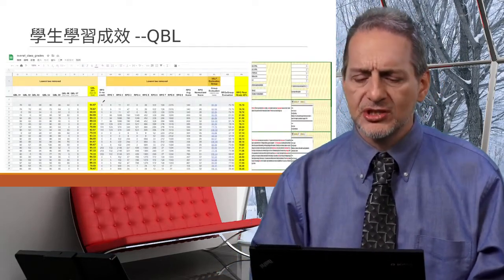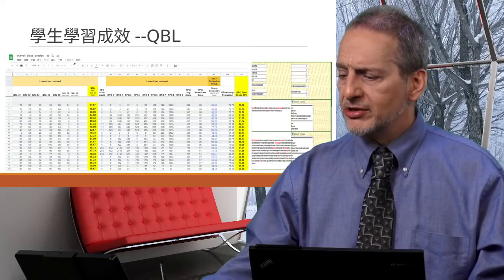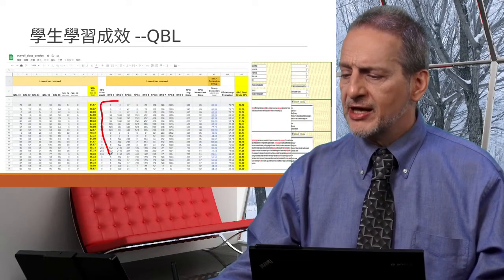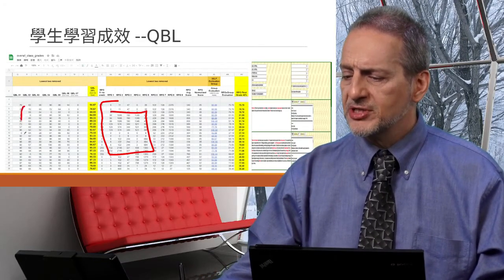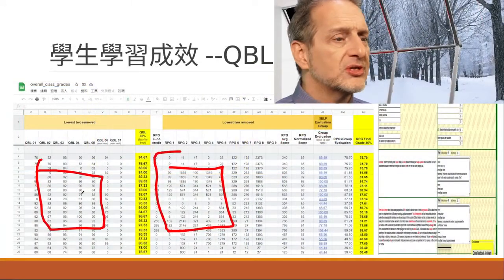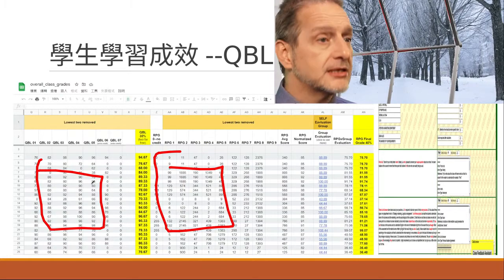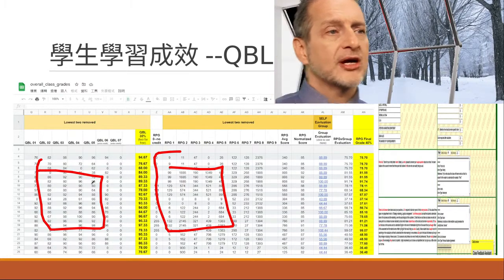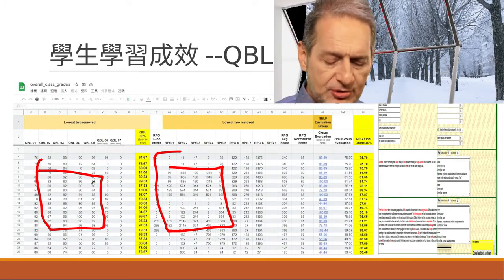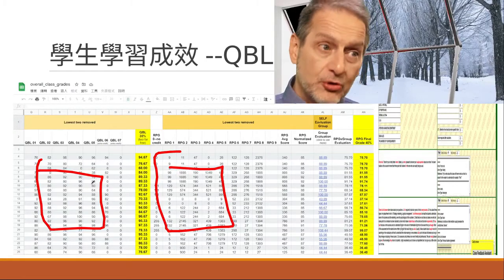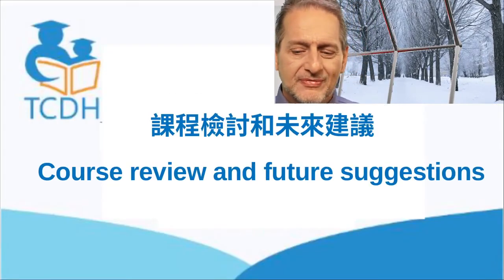It's like a competition. In the QBL, again, all of the grades come out in great detail for the RPG and the QBL, and each student can see what other students have done. Although the student's personal information is hidden, they can at least see where they fall compared to other students in the class, although they don't know who they are exactly.